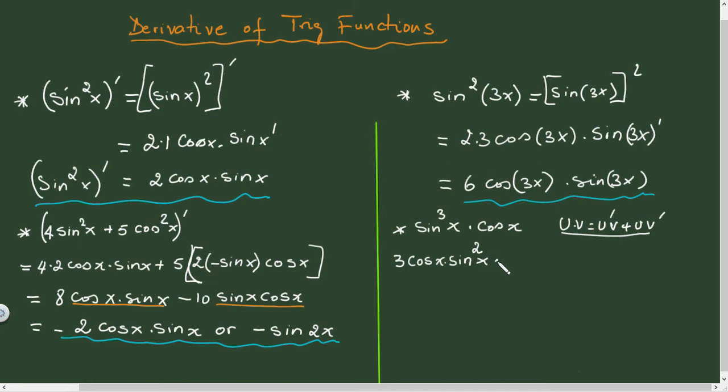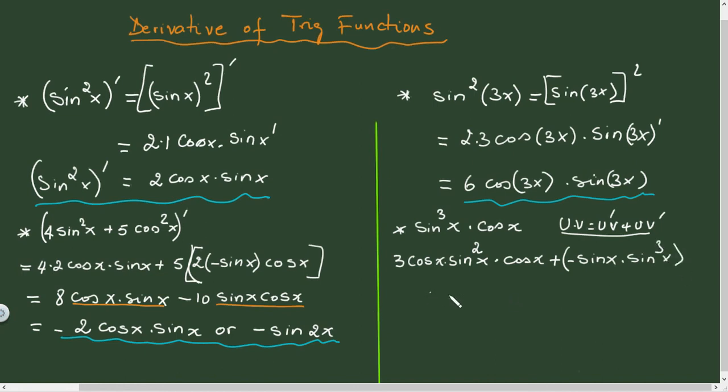This is times v, the cosine of x, plus now the derivative of the cosine, which is minus sine of x, times u, and u is sine to the 3 of x.